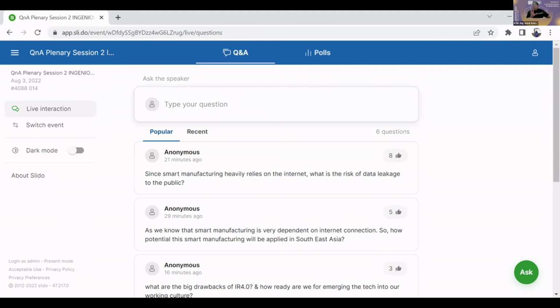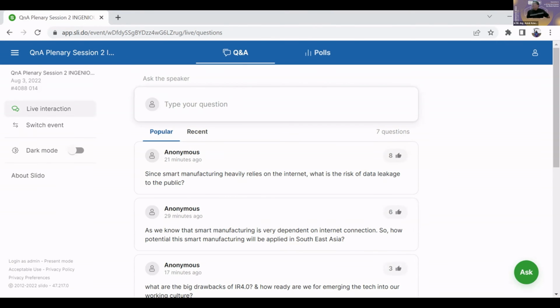We have to make sure that our data can only be seen by the person who has authority to see it. That's why companies do not really like to have their system connected to the internet unless they have a good cyber security system and are using their own industrial Internet of Things. I hope that answers the question.